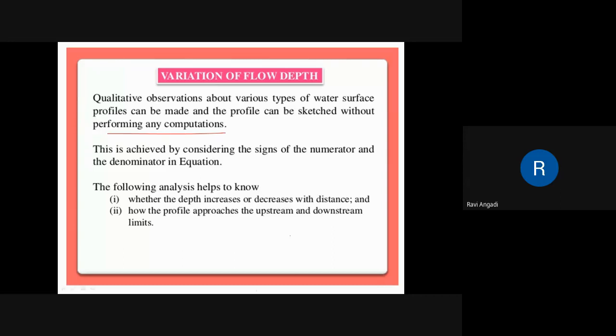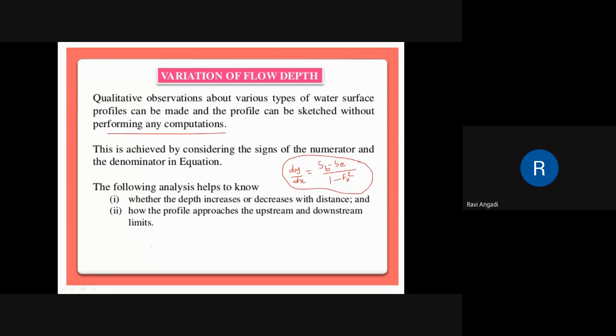This is achieved by considering the signs of the numerator and denominator of dy by dx. What is the equation? dy by dx equals (S0 minus Se) divided by (1 minus Fr squared).